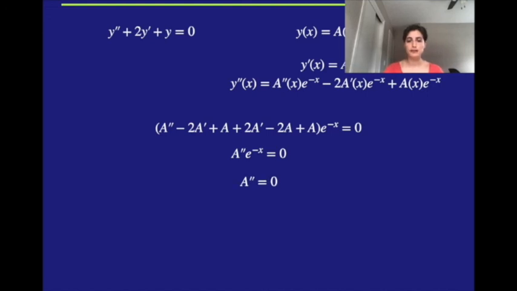So we get to the equation that a double prime is equal to 0. This is only satisfied by polynomials of degree 1. So we can write a(x) as a polynomial of degree 1 that has two unknowns, c0 and c1. And this is our final solution.